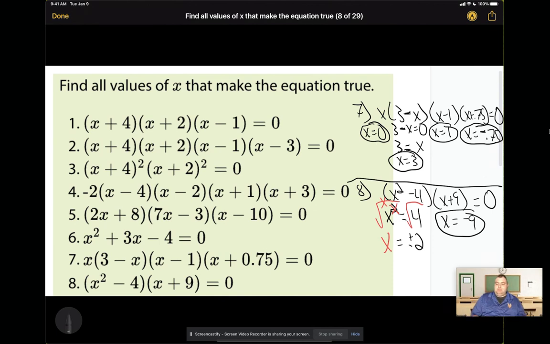So it's going to be positive and negative 2. So in this case, how many x-intercepts are there? There are 3 x-intercepts. I have +2, -2, and -9. Okay? And that is it for this lesson.